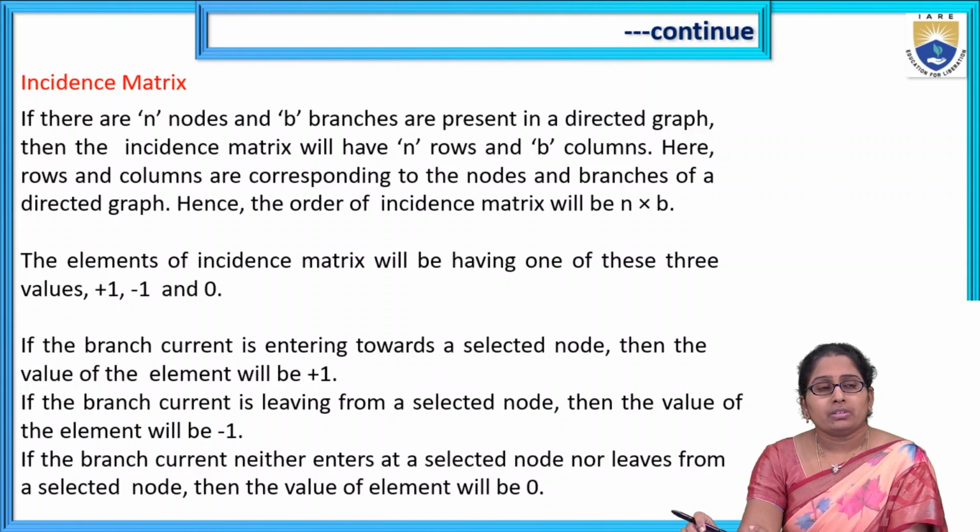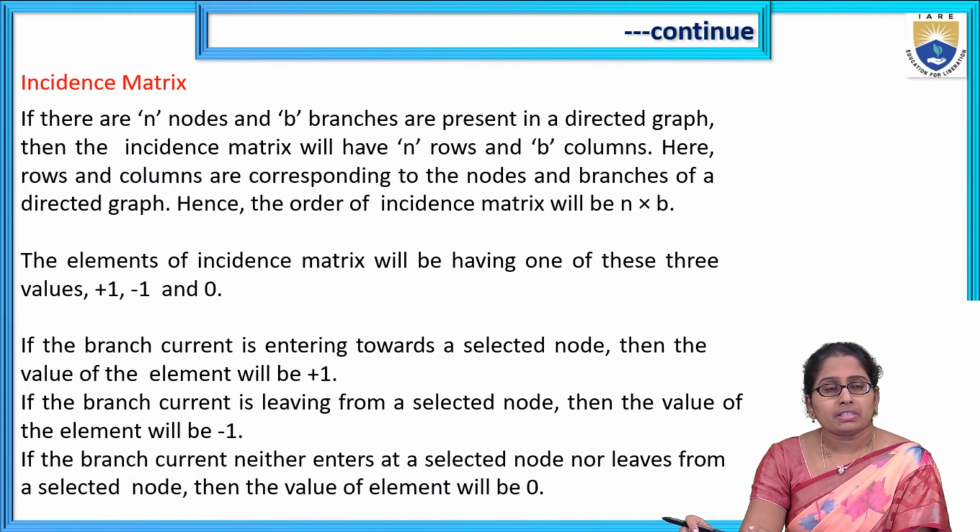That means the rows and columns of the incidence matrix correspond to the nodes and branches of the directed graph.